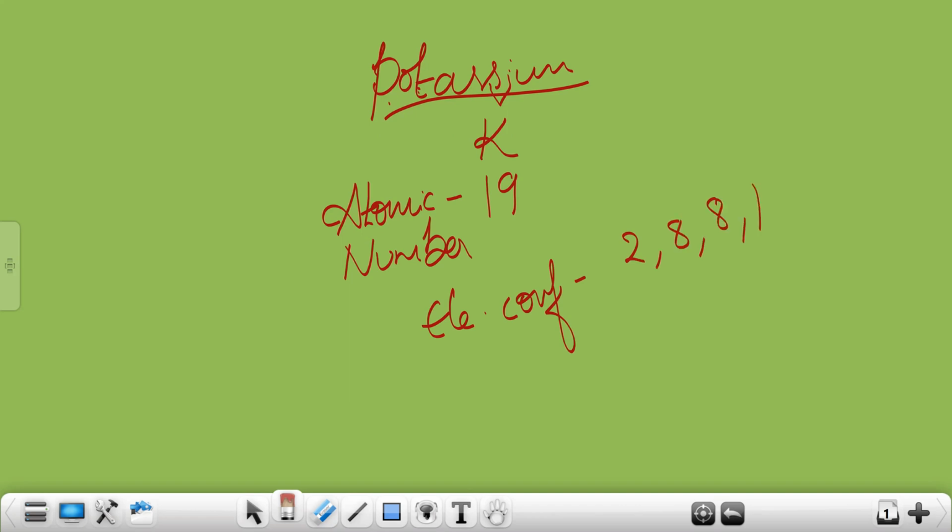Why is its electronic configuration 2, 8, 8, 1?